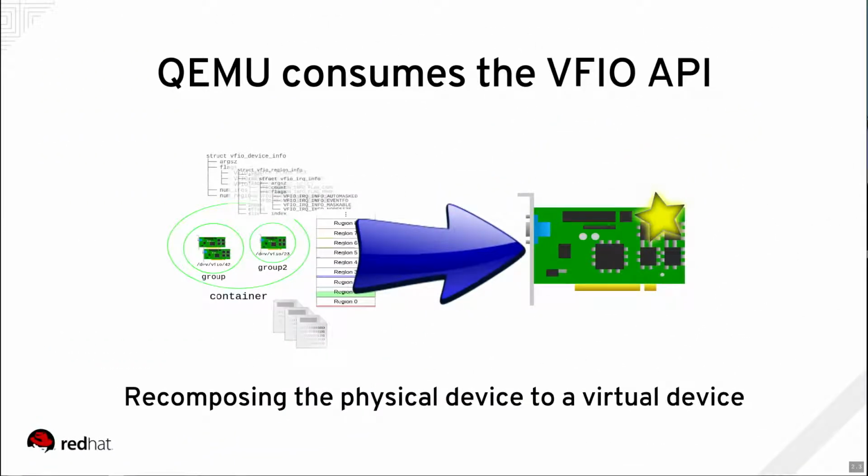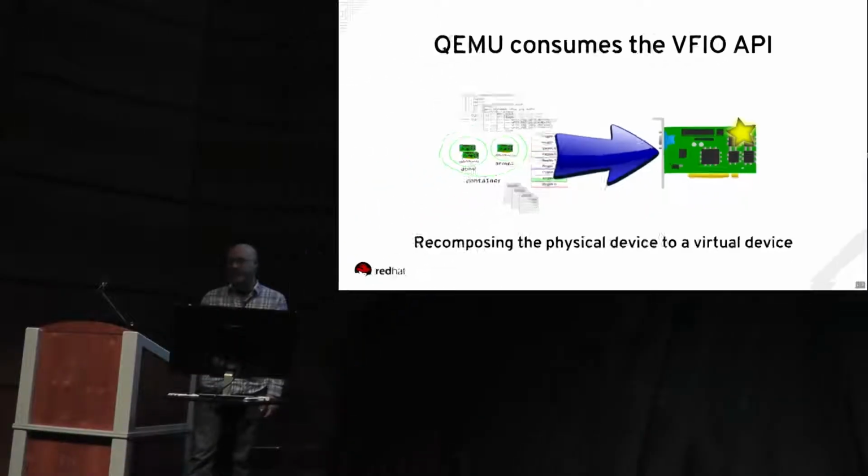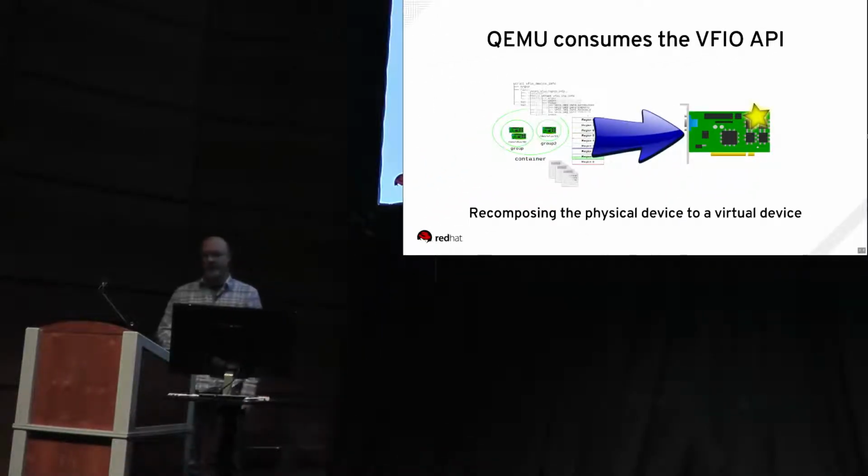Being a user space driver interface, we need user space drivers, where when we're talking about a VM, we're really talking about QEMU as the user space driver, and that recomposes the device back into a new virtual device. The virtualness of that device is something we'll talk about here today too.